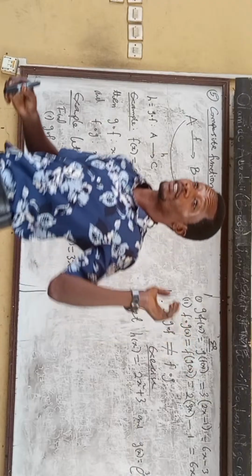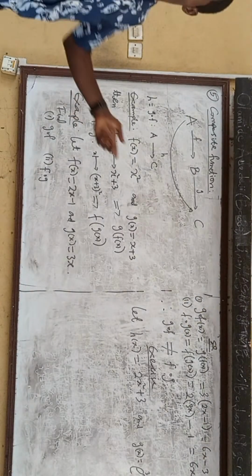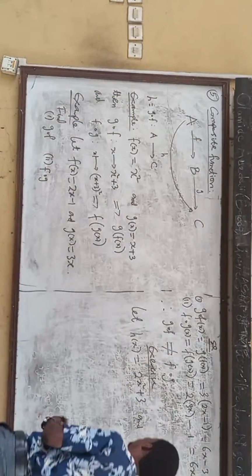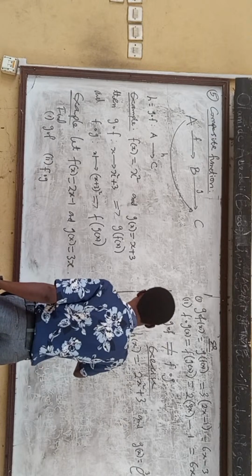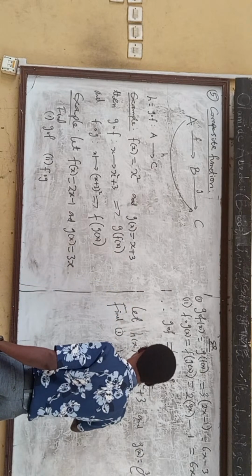I am doing this deliberately because showing you simple functions, you feel like that is all. That's not all. You can have a more complicated function and handle it the same way. Find the first one, h compose g.